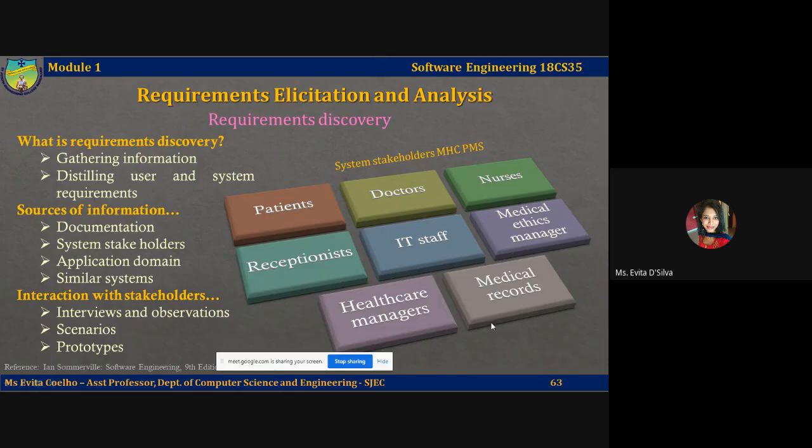On the right hand of my screen, you can see the system stakeholders for the mental health care patient management system.